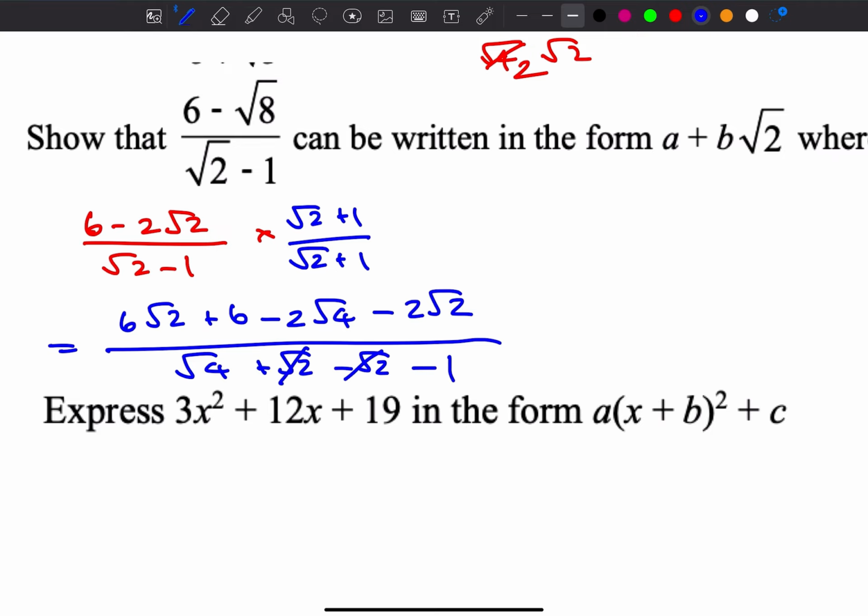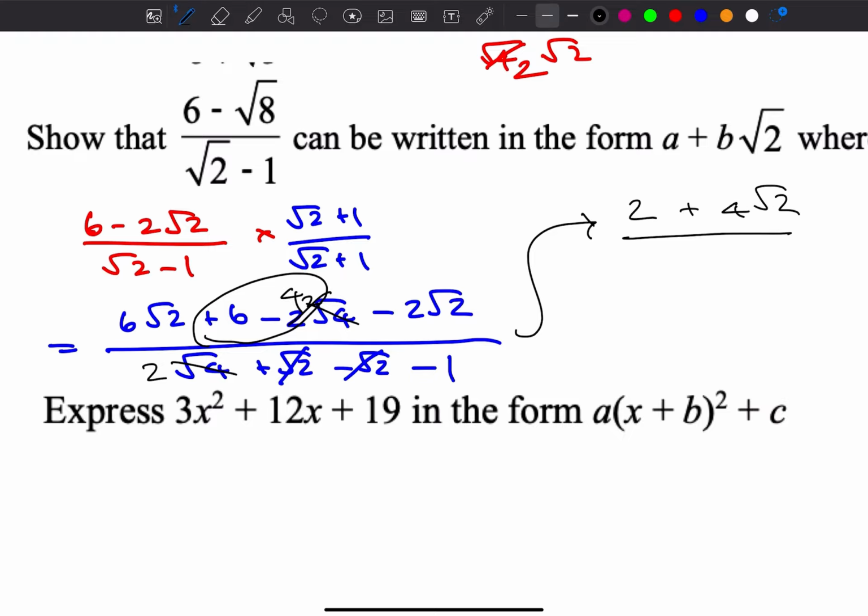Remember, these always cancel. Square numbers, root 4 is 2, 2 times 2 is 4. That's it. 6 minus 4 here, which is 2. 6 root 2 minus 2 root 2 is 4 root 2, over 2, take away 1 is 1. 1 you don't need to put, it's fine. 2 root 2 plus 4 root 2 then.